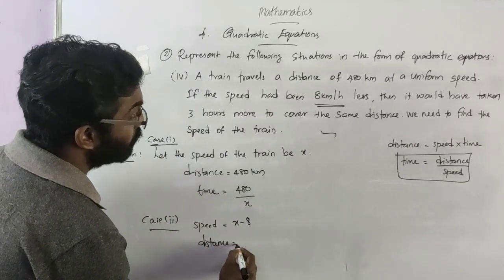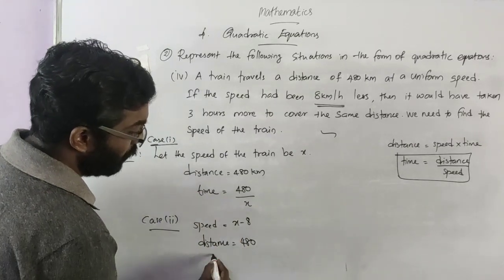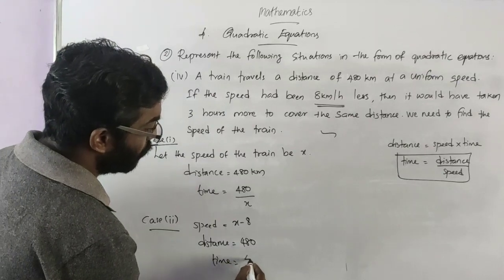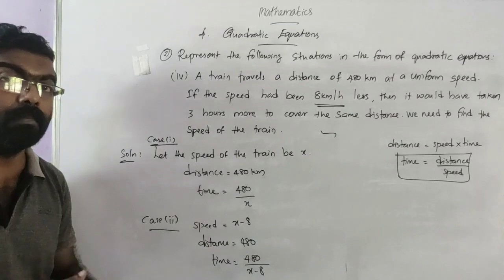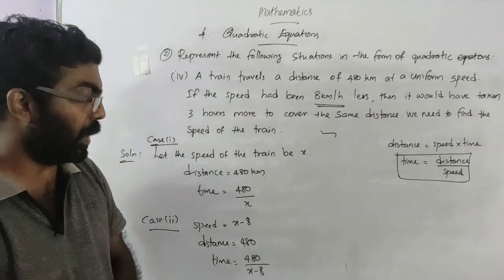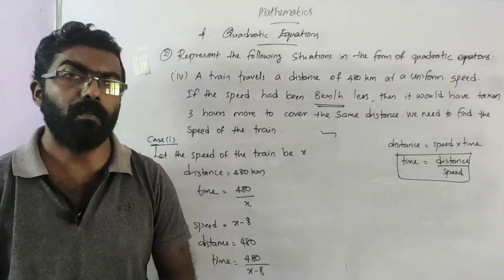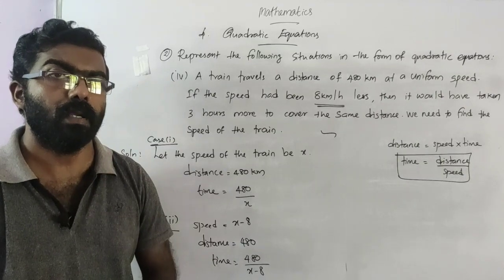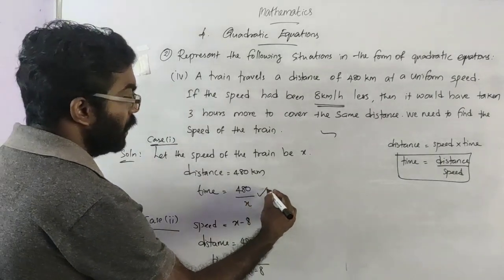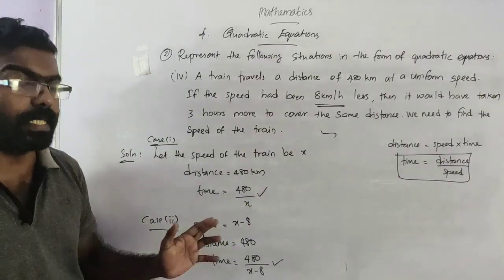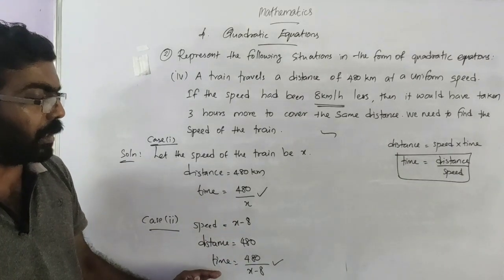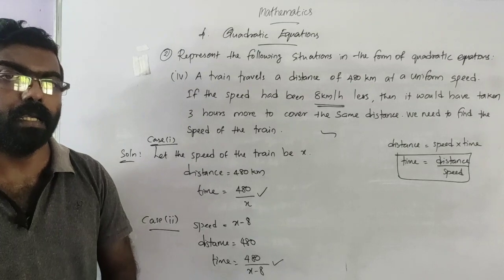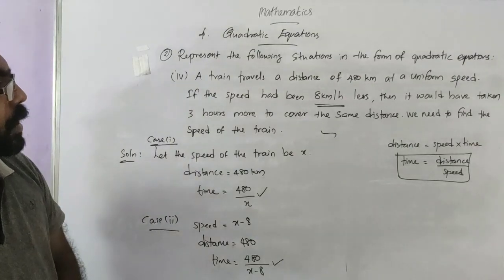Distance is equal to 480 kilometer, and we can write the time as 480 divided by x minus 8. That means the time taken to cover the same distance will be equal to 480 divided by x minus 8. Okay. Now we can combine these two values. In the first case the time is 480 by x, and the second case the time taken is 480 divided by x minus 8.